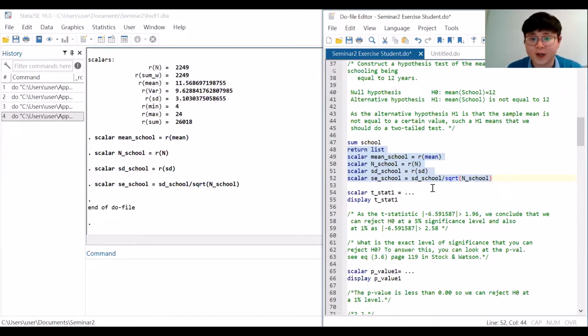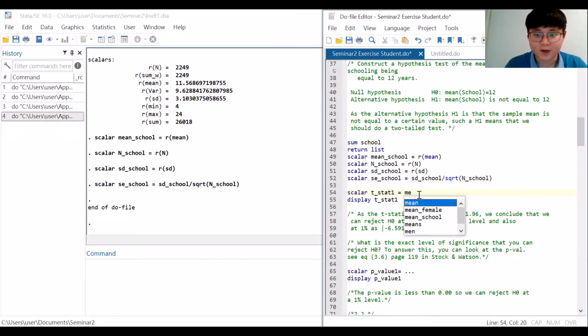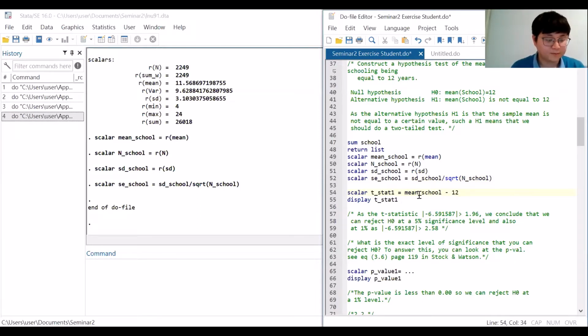And then we can calculate the standard error of score, which is the standard deviation of score divided by the square root of the number of observations. By this, we can calculate the t statistics, which is mean of score minus 12 divided by standard error of score.